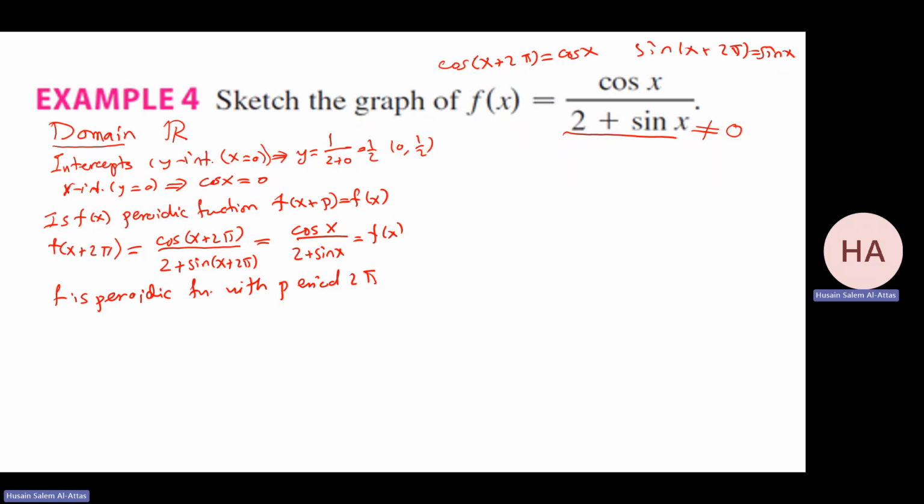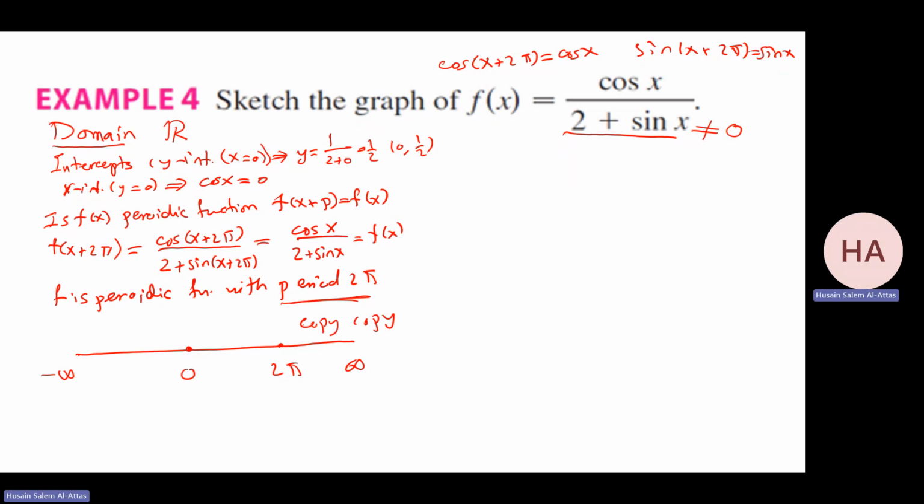Okay. That means instead of dealing with the function from minus infinity to infinity, since the domain is R, I can deal with just a specific period. I will take 0 to 2 pi. The rest is just a copy, like sine x.